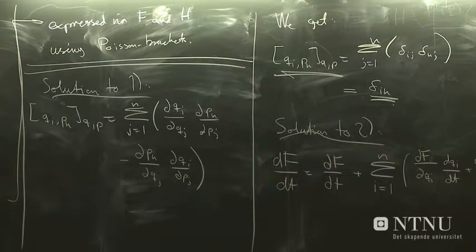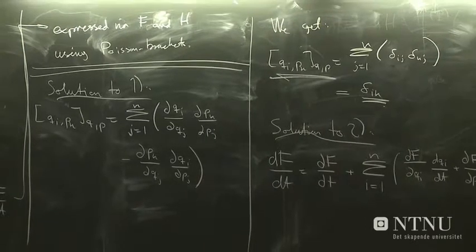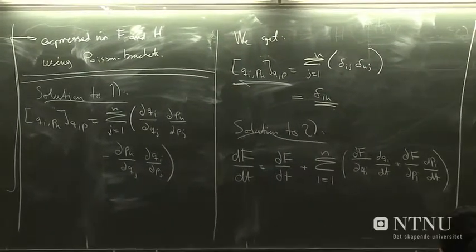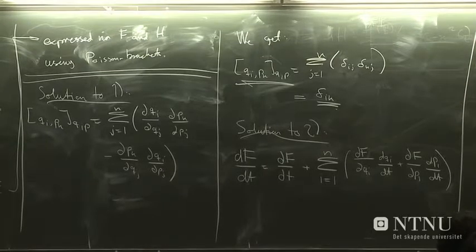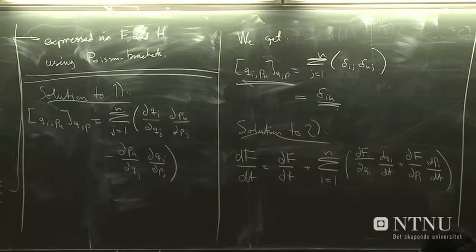And then we use Hamilton's equations to transform the time derivatives of the coordinates into derivatives of the Hamiltonian function. All right, so you want to replace these terms by using Hamilton's equations. And how do you know that we can use Hamilton's equations? Because we assume the system is a Hamiltonian system.